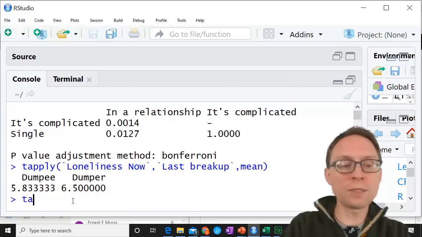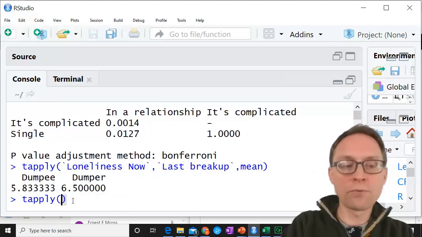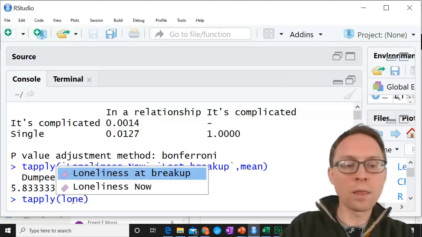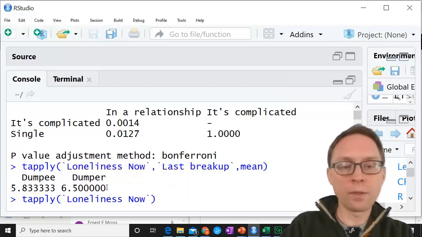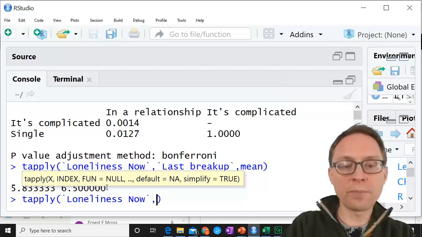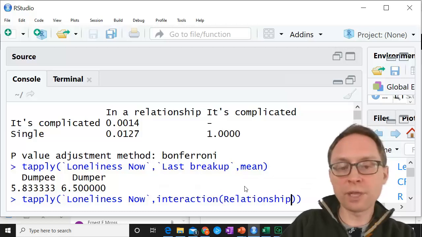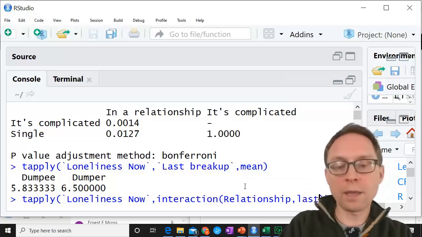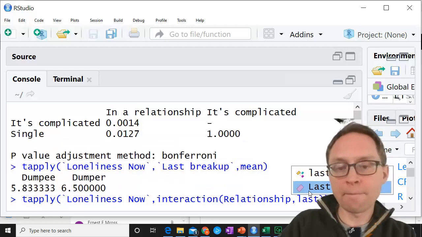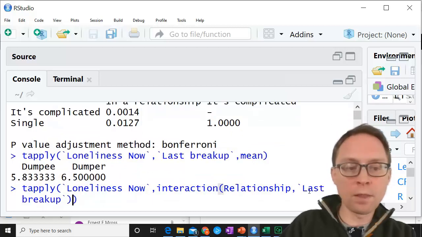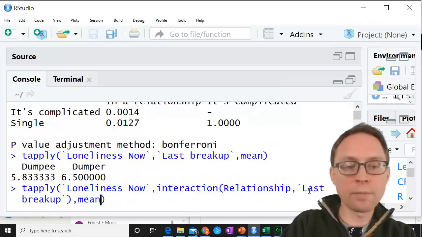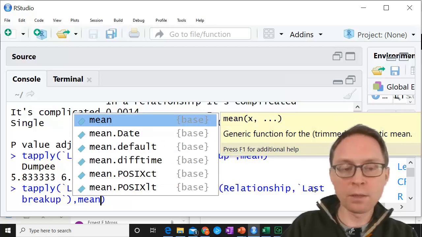If we want to look at the means for the interaction, we do the dependent variable, comma, interaction, and relationship. We put everything that's in the interaction, relationship, comma, last breakup, and then comma, mean, because you always have to tell it you want the mean.